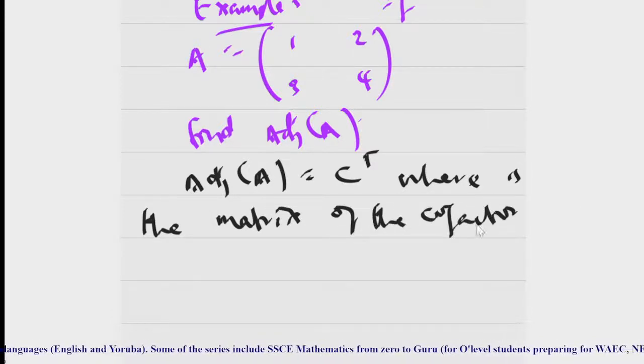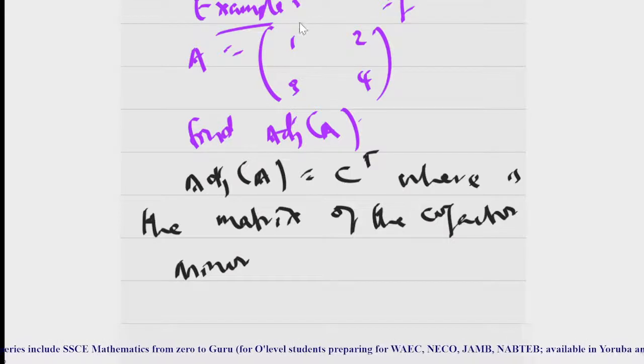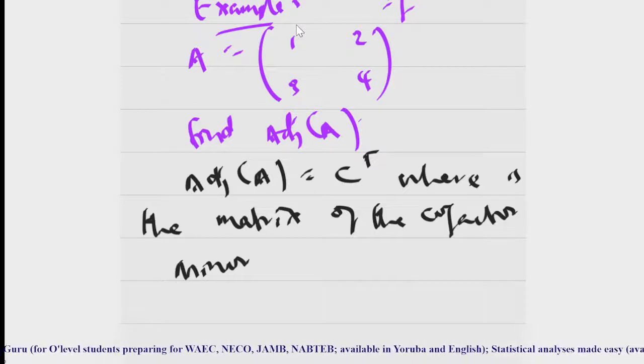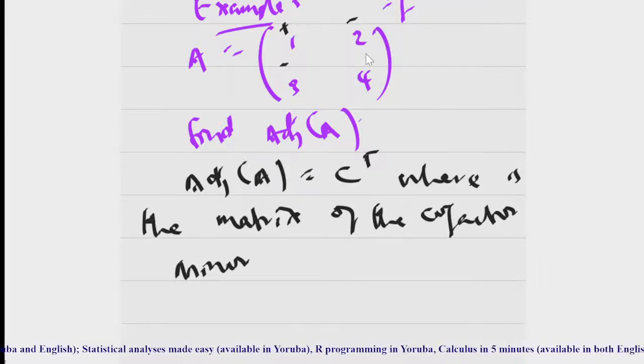So if I were you, what I'll be doing is that you find the minor of each element, one by one. Don't forget the cofactor of a matrix is the combination of the minor and the sign on top of it. The signs we are going to have are plus, minus, minus, plus.